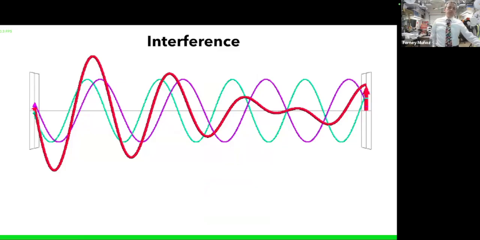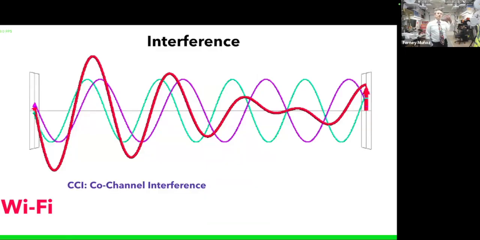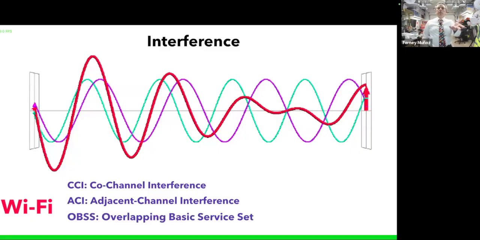Well, it happens in reality that most of the interference in Wi-Fi comes from Wi-Fi in the form of co-channel interference. That's APs on the same channel as other APs. Adjacent channel interference, if you have an AP on channel 36 and the next one on channel 40, those energies are going to see each other, interfere with each other, and there's also overlapping basic service set.